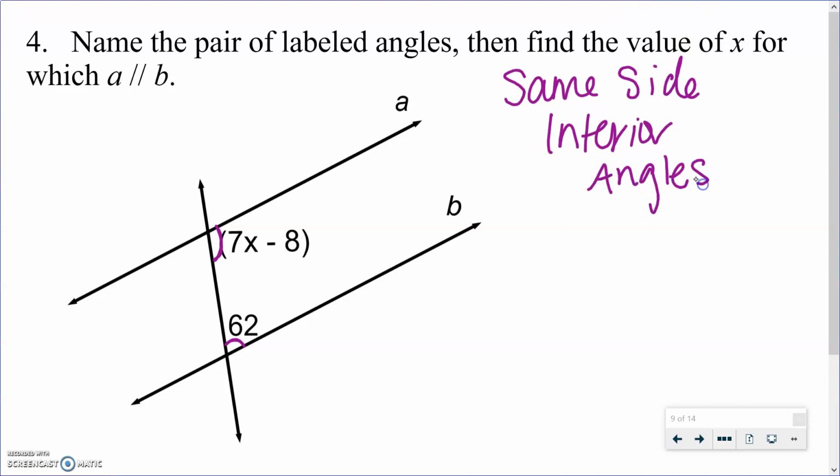Again, we can call them consecutive interior, and that's fine, but I like to think of them as same side interior because they're on the same side of the transversal and they're interior, and so for me that makes more sense in my head because then I know exactly where those angles are located. And we know that same side interior angles are supplementary.